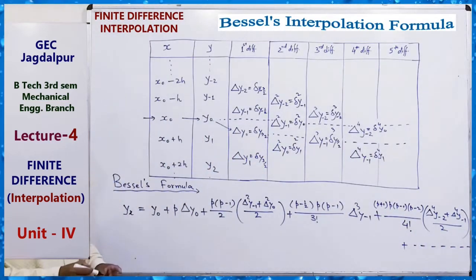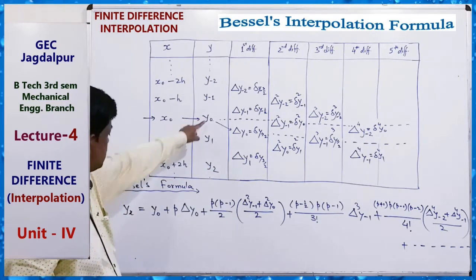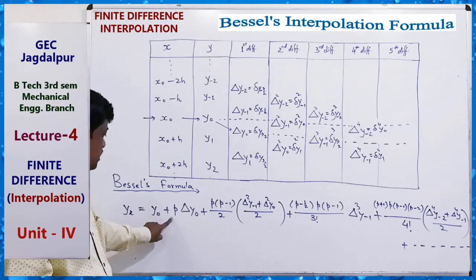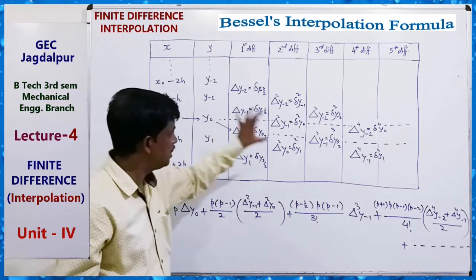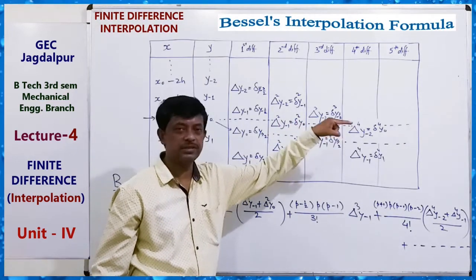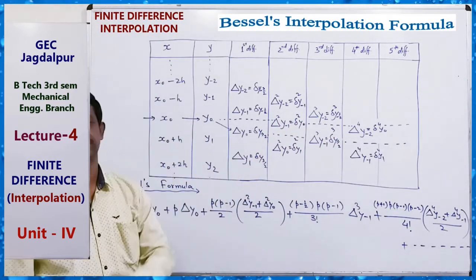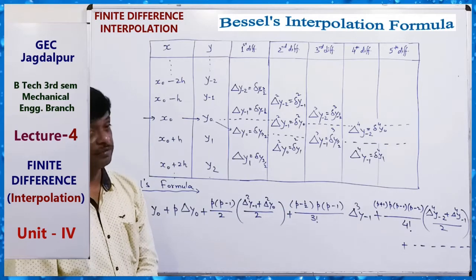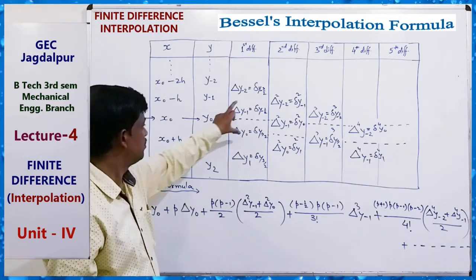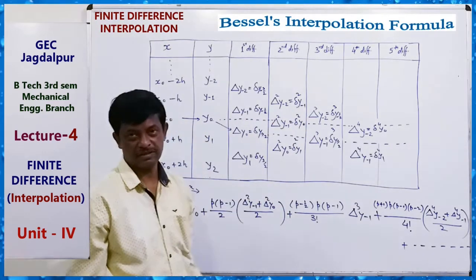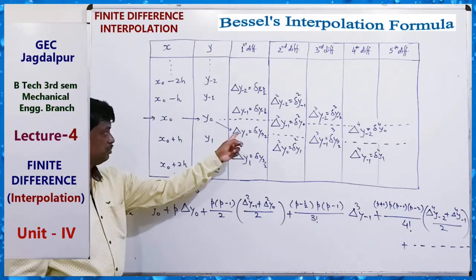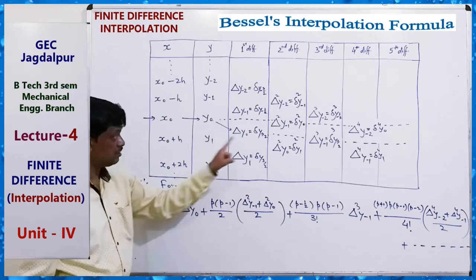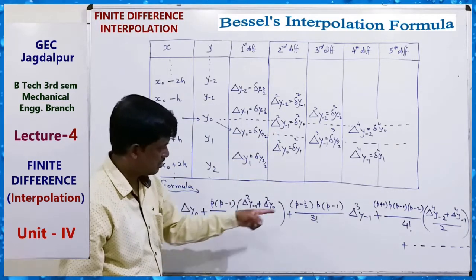So this is Bessel's formula. The writing technique is what? First value y0 plus p del y0, also take this, then this, and then average of this, average of this. The value of p is different. For Stirling formula, this, then average of this, and then average of this. Here, first value take y0 and then p del y0 and then start taking average like this.